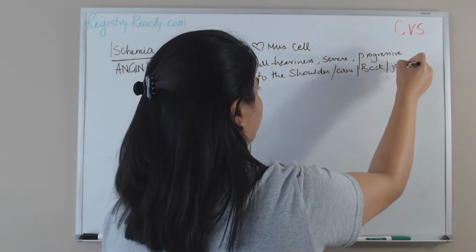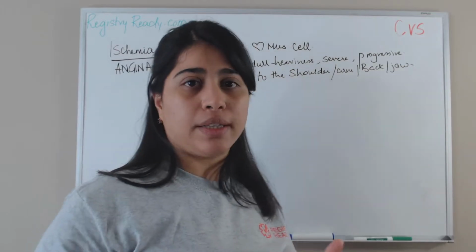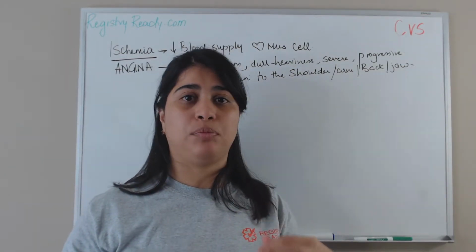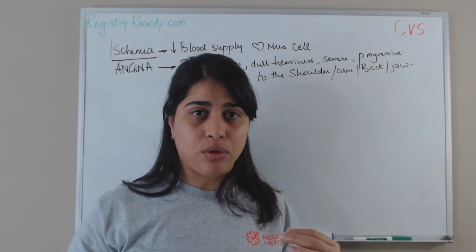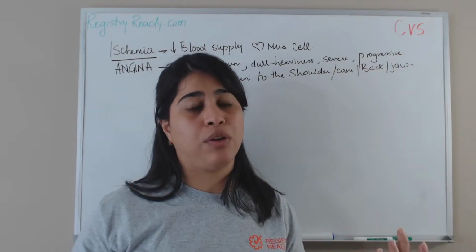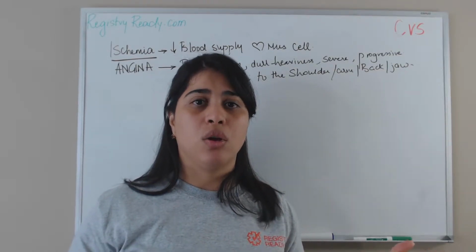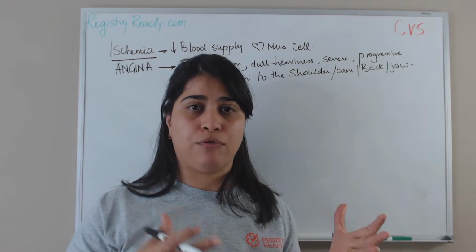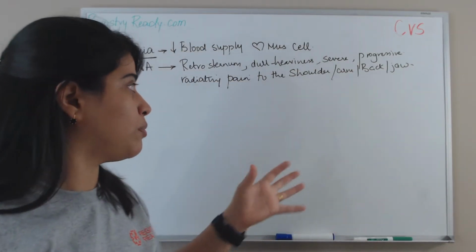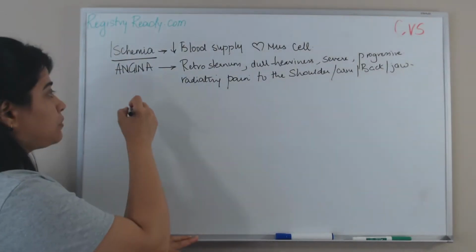And the reason for this being is that the nerves that sense the pain from the heart have common origin with the nerves that are sensing pain from the arm, jaw and back, which is why you can have referred pain to the shoulders, to the back and to the jaw.